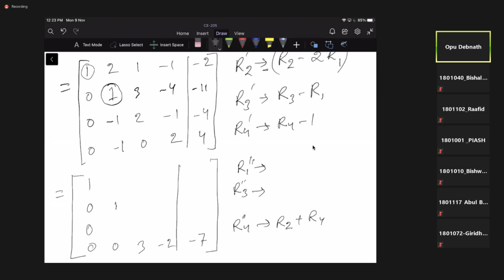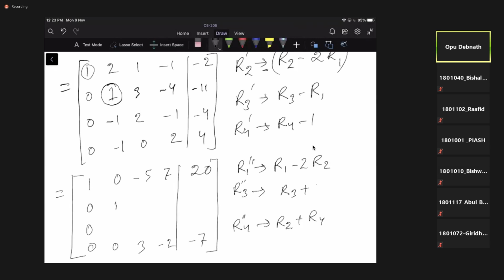And for the remaining elements, R1 double prime. Okay, for R1 what can I do? R1 minus 2R2. Okay, this will be 0, this will be minus 5, 7, 20. And for R3, what will be done?